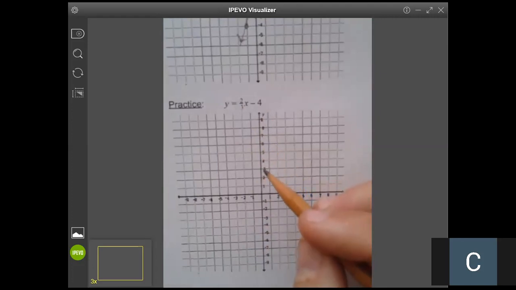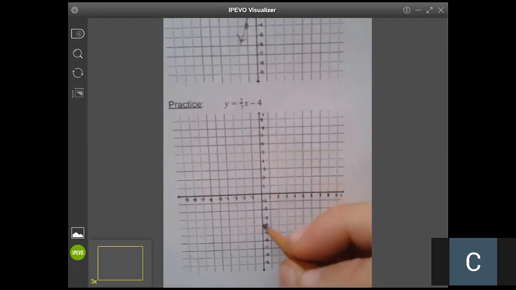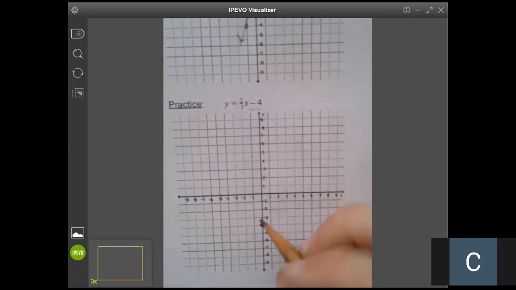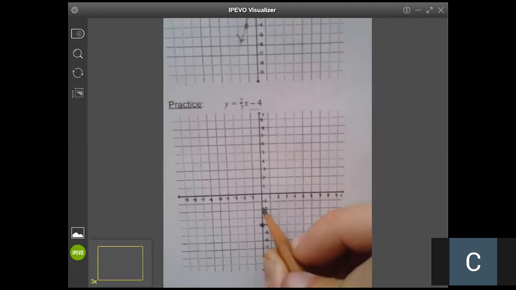So I'm gonna come down here on the y-axis to -4 and put that intercept. That number there is our y-intercept. And then I'm going to use the slope of 2/3 to find other points. So up 2, right 3 would be another point on this line.